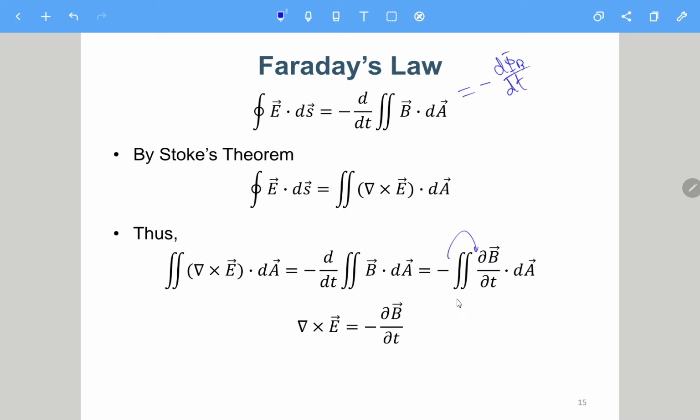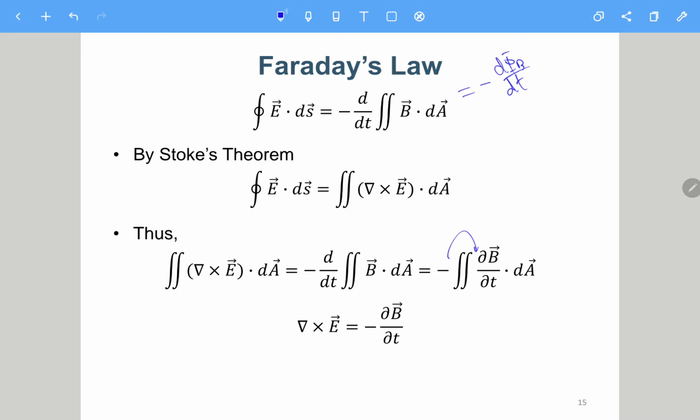This area can be arbitrarily chosen, which means that this double integral is equal to this double integral for arbitrary area, so this integrand is equal to this integrand with this negative sign. So finally, we have the curl of E equals negative partial B partial t. This is the differential form of Faraday's law.